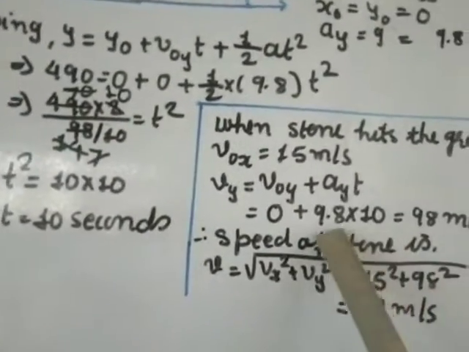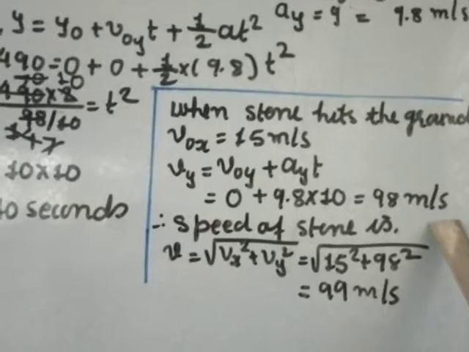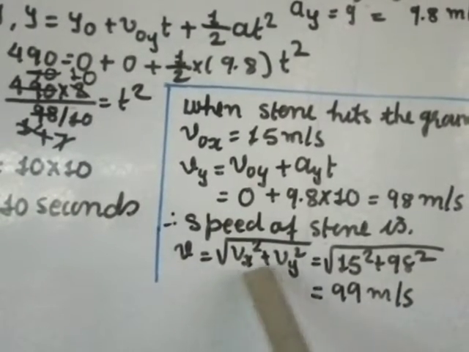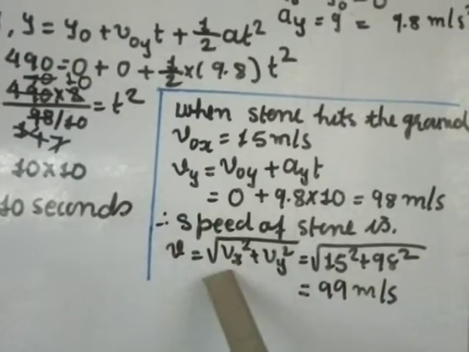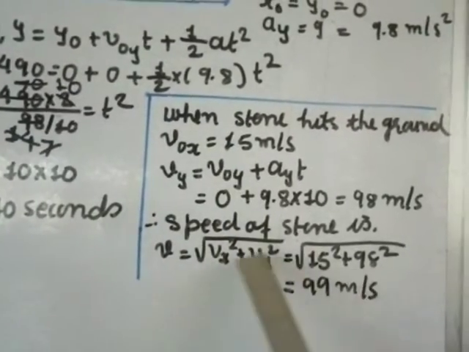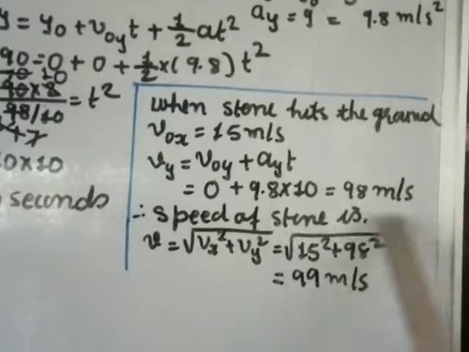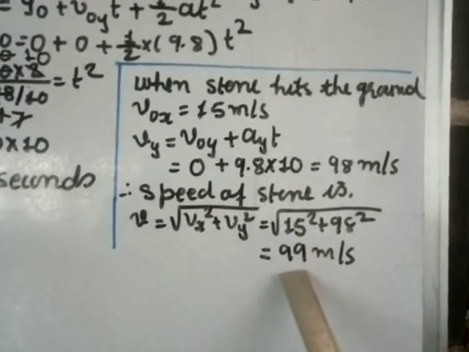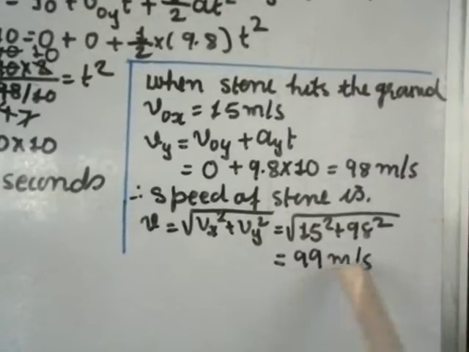So put here 10. So you get this value as 98 meter per second. Therefore the speed of the stone is v equal to square root of vx square plus vy square. So vx is 15 and vy is 98. So find the squares, add up, and when you find the square root it comes to 99 meter per second.